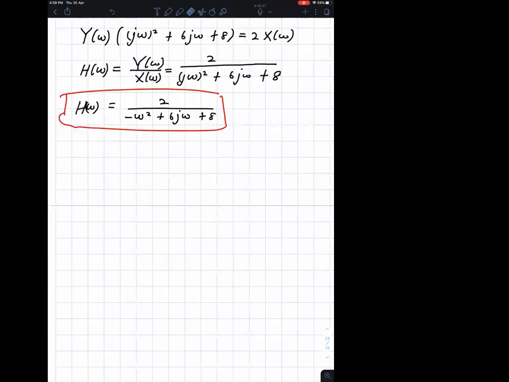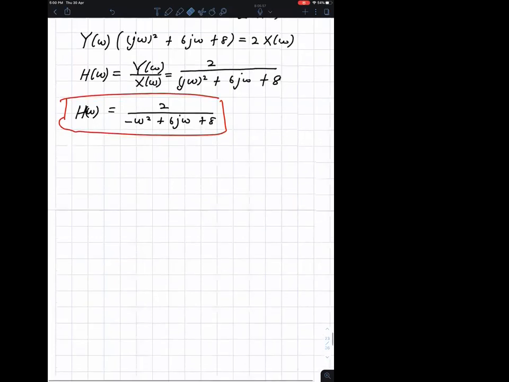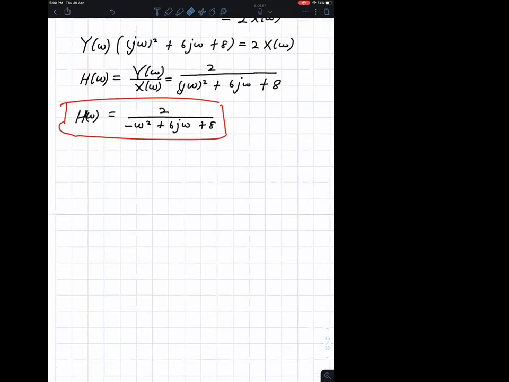Put H omega in standard form so that you can do the inverse Fourier transform. How do you put that in standard form? We need to factorize the denominator. In order to factorize it, it's a good idea to factor out the negative sign, because the minus omega squared is going to make it difficult to factorize.